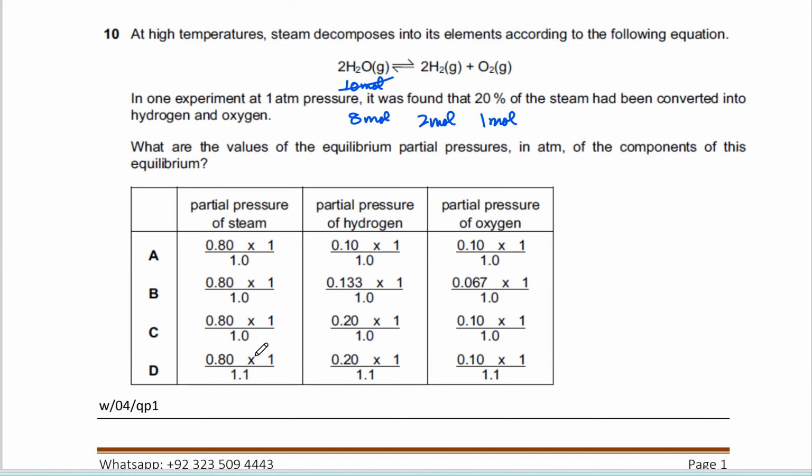So 8 divided by 11, so D is going to be the answer. 2 divided by 11, okay, 2 moles divided by the total moles, that's 11 times 1. Or this is 1 divided by 11, so that's going to be this 1 into 1. So be clear that Kp does not need the actual moles. Even if you know the percentage, that could work as well. Okay? Clear?